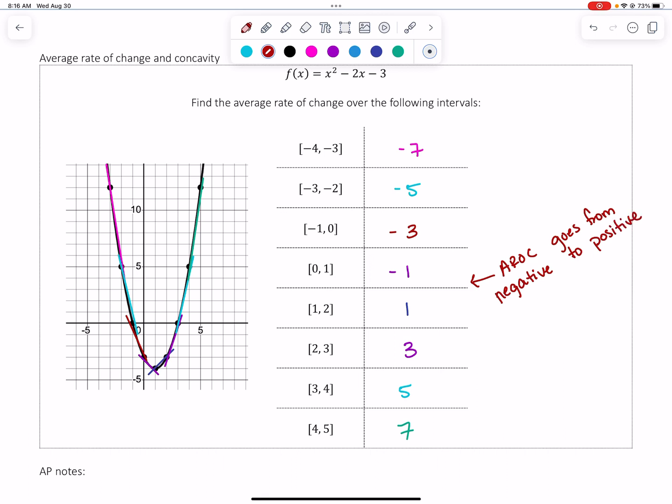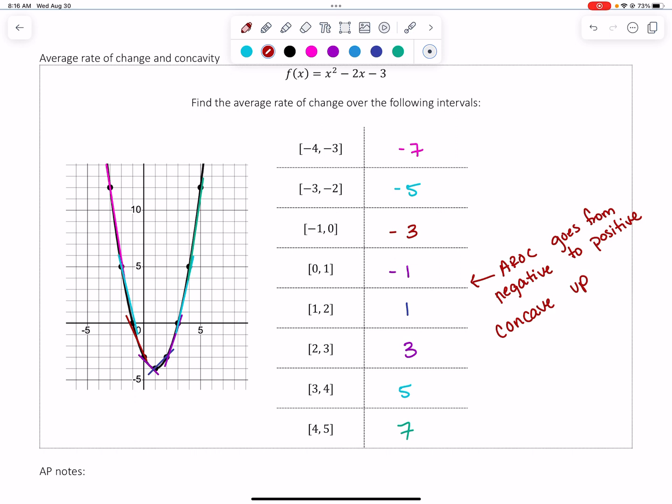In terms of looking at the function, we can say this function is concave up, or what we have referred to in the past as facing up. Now, looking at this in terms of our rate of change, the rate of change is getting less negative, and all of a sudden it switches to positive. And at that switch, that's how we know this is concave up.